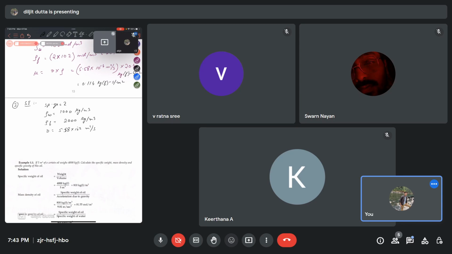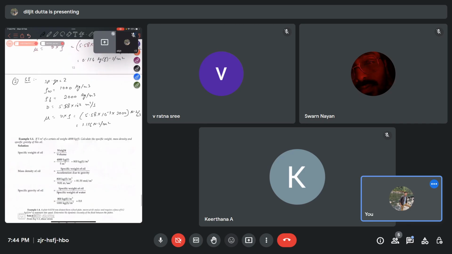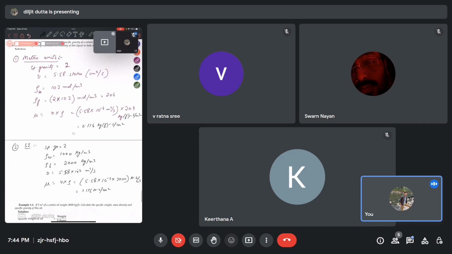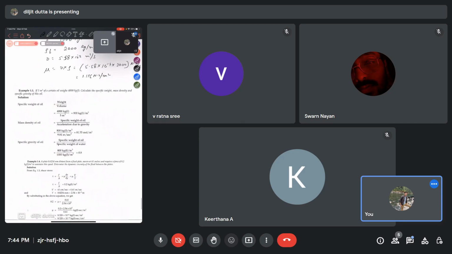Therefore mu will be equal to nu into rho, 5.58 into 2000 Newton second per meter square. So this is equal to 1.116. This is in SI unit. This is just for information, how you can do calculations for both units.